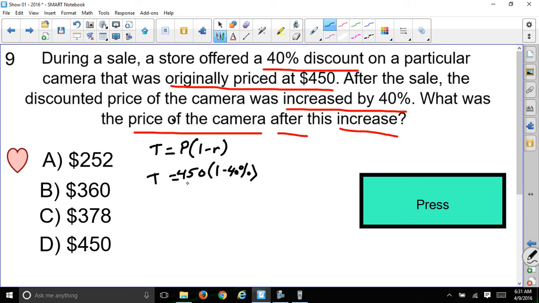A quicker way to look at it would be you'd be paying 60%, because 1 minus 40% would give you 60% of the price. So we could use either one of these.